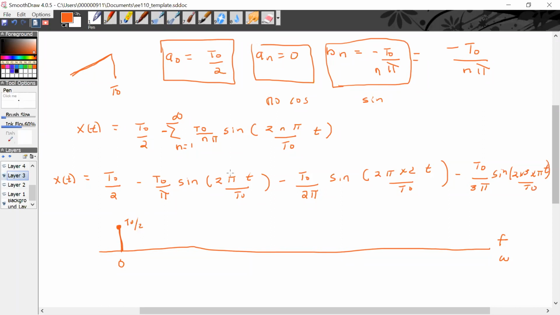All right. And then here, this is at this frequency, we're minus T naught, right, which is going to be smaller than the DC part because it's divided by pi, right?